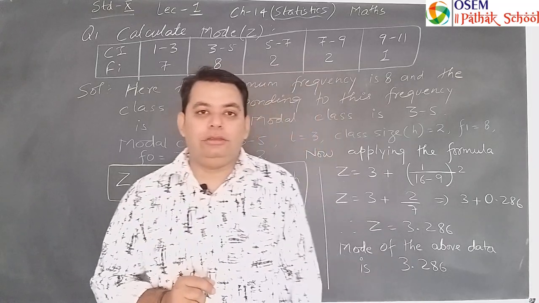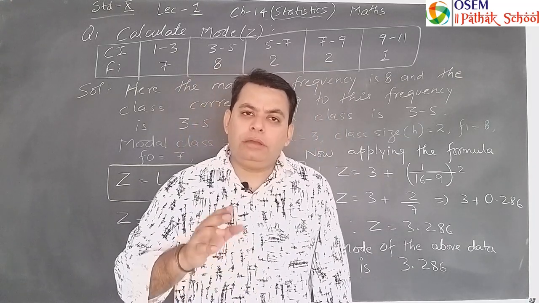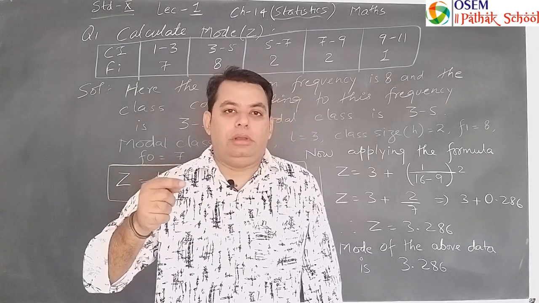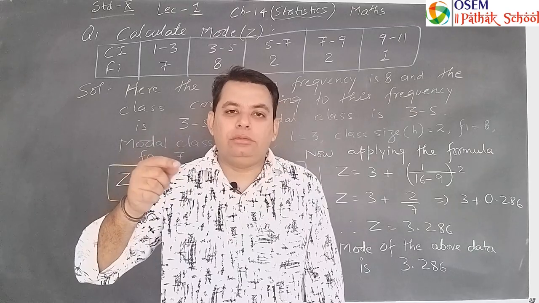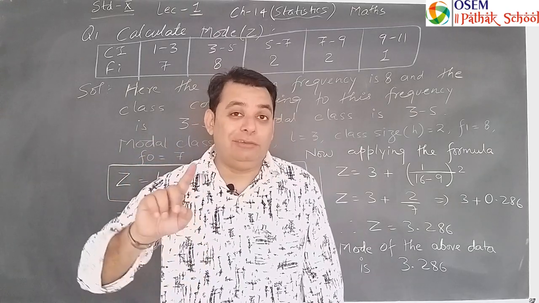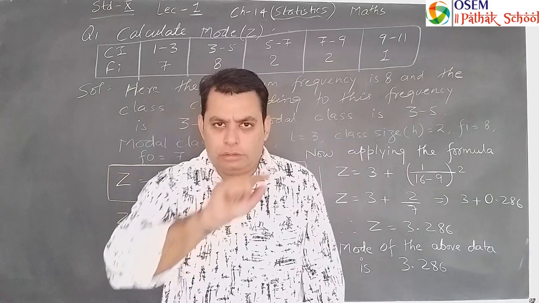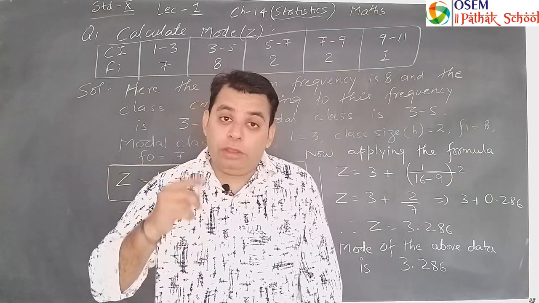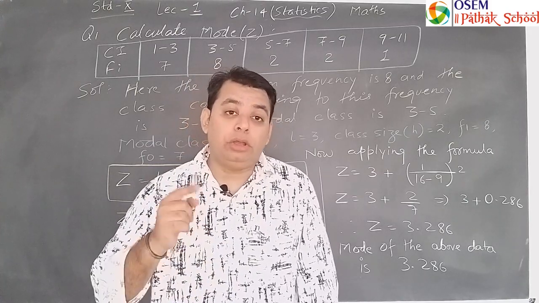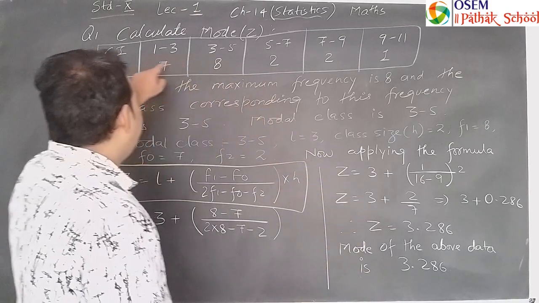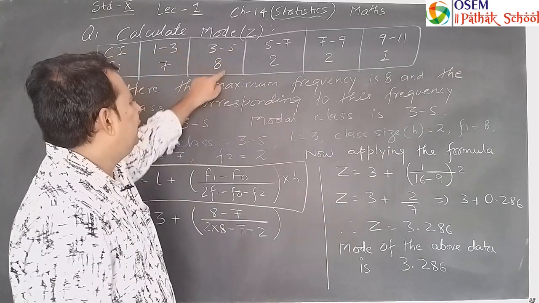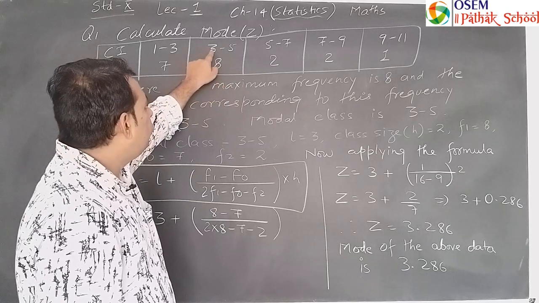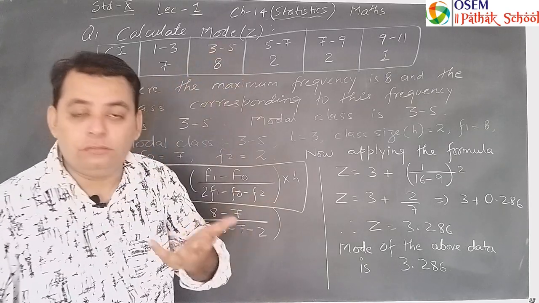In class 9, you have already studied what is mode, that we have to take out the number which is occurring more times. If any number was repeating again and again, we called that the answer, the mode, but it was of ungrouped data. A number has been given, which number occurs more times becomes the mode, but it is very difficult to take out the mode from the grouped data. Suppose this is grouped data, so how to take out the mode? We can take out that 8 is the highest frequency, but the mode from 3 to 5 we don't know.